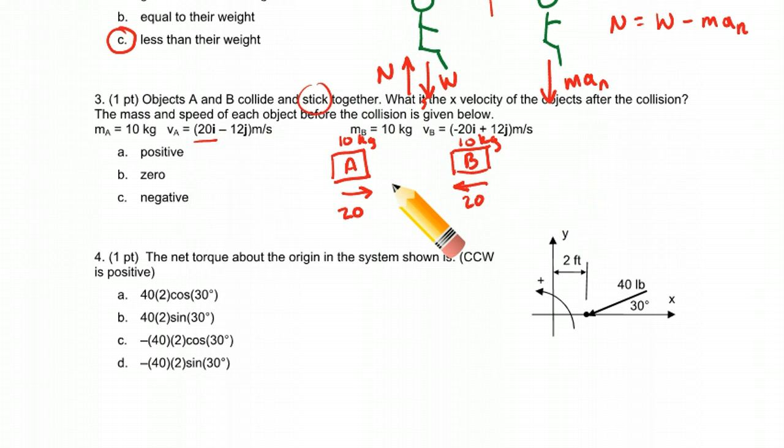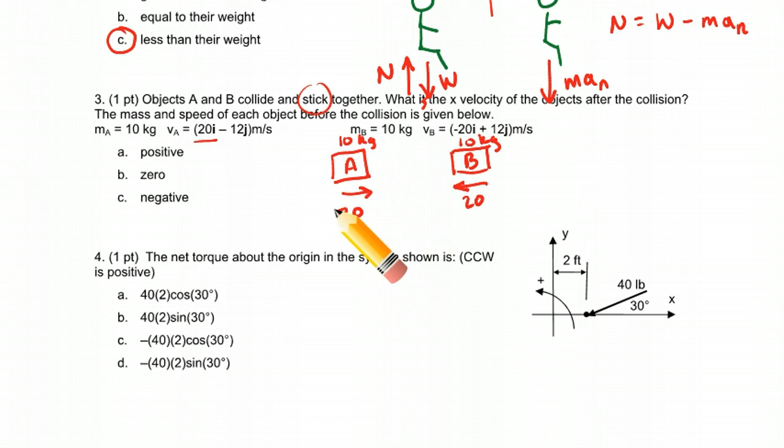So a lot of words and vectors here, but what this reduces down to is two objects of equal mass colliding. If they have equal and opposite velocities in the x direction, their final velocity after the collision would be 0.